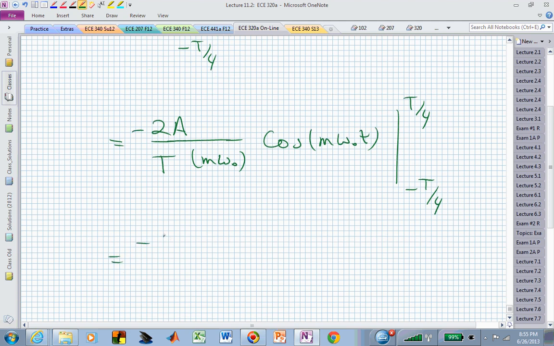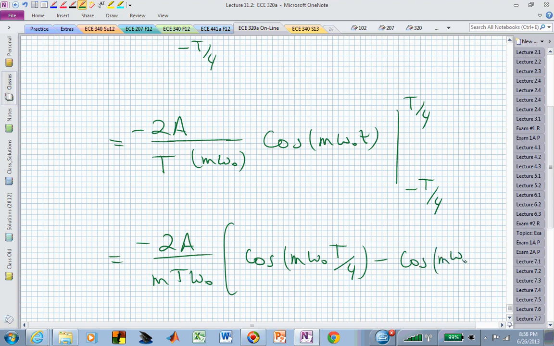We now have minus 2a over n t omega naught, and we have cosine of n omega naught t over 4 minus cosine of n omega naught minus t over 4.